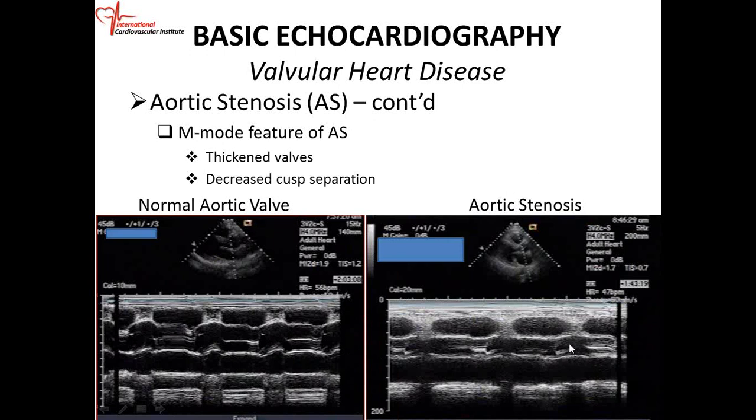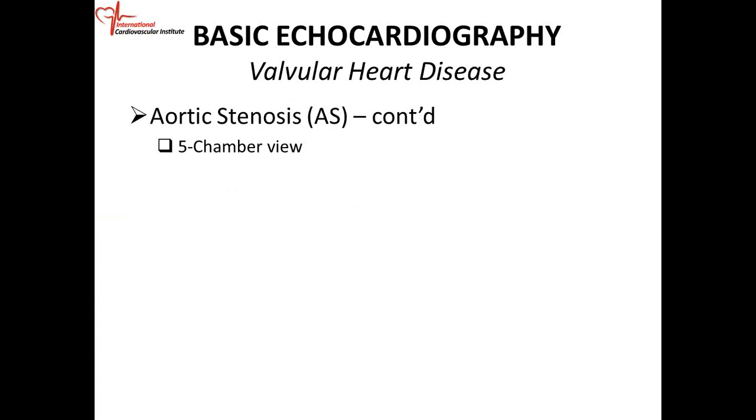And when we talk about cusp separation, if you were to measure it, you see that it's decreased. Okay? So your M mode can also tip you off that you're dealing with aortic stenosis. And of course, we have separate lectures to go over M mode, so you'll get a full understanding of M mode at some point in time.